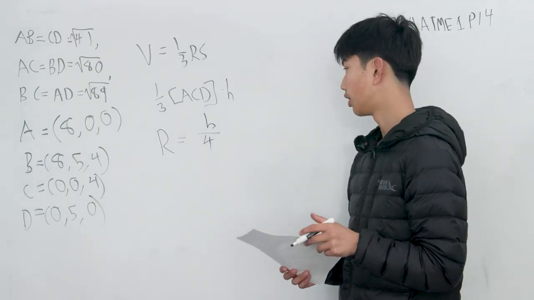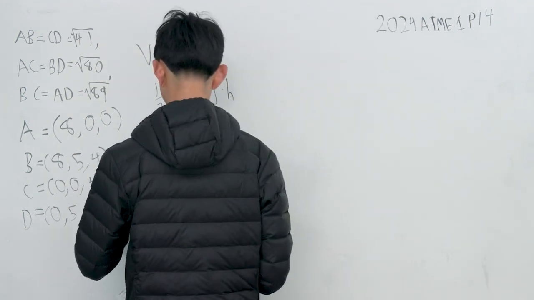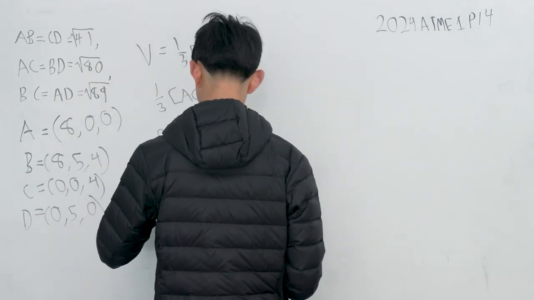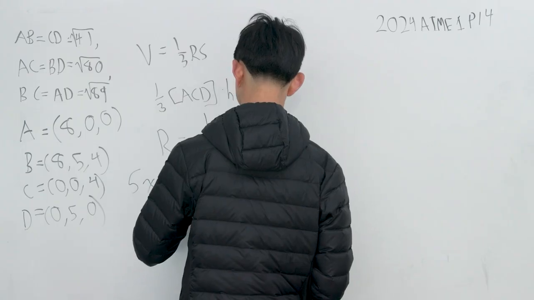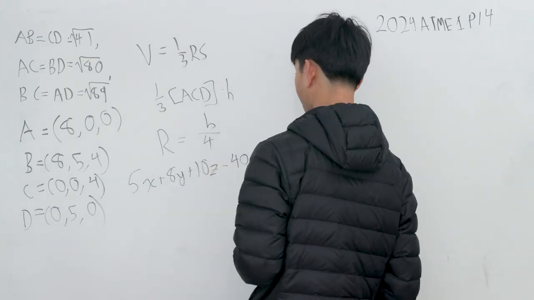Then the equation of this plane is going to be 5x plus 8y plus 10z minus 40 equals 0.